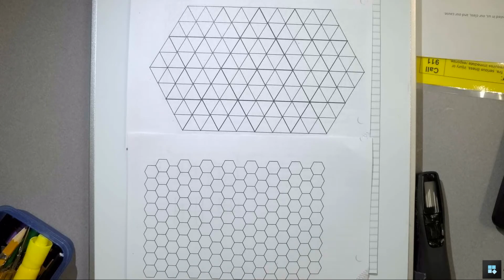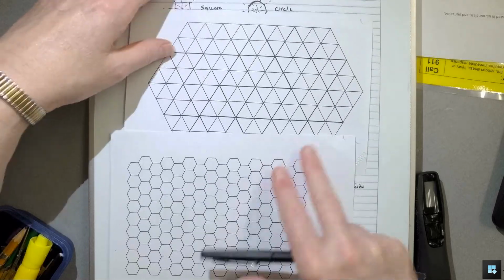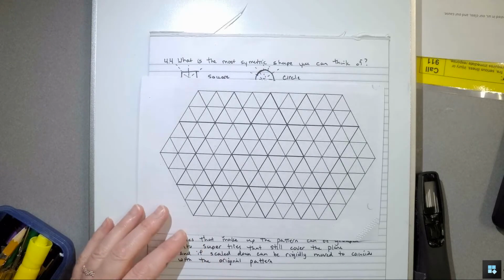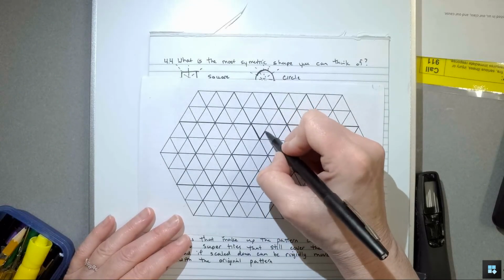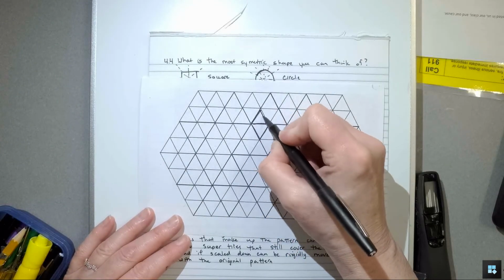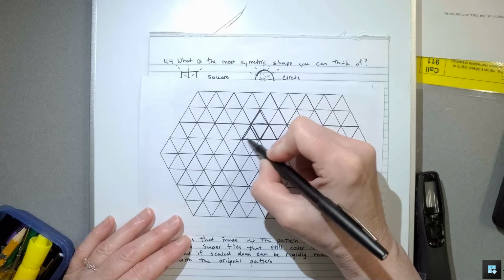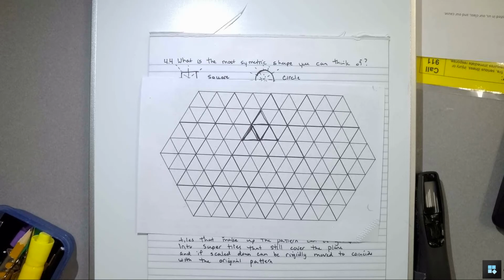Okay, so in the triangles, how many triangles were you able to put together to make a super tile? What's the least that you could use? 4, yeah. So just pick one and surround it with 3 more. Okay, good. So then that creates one that I'll outline in red.